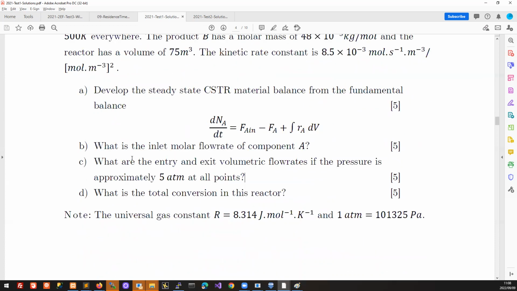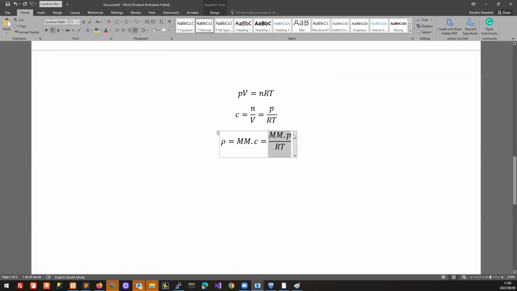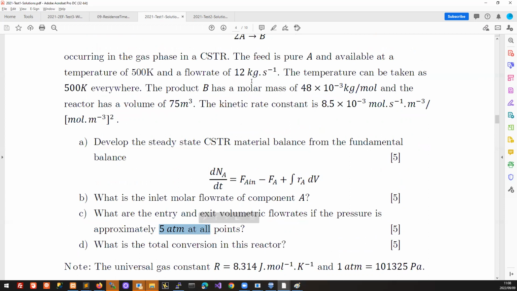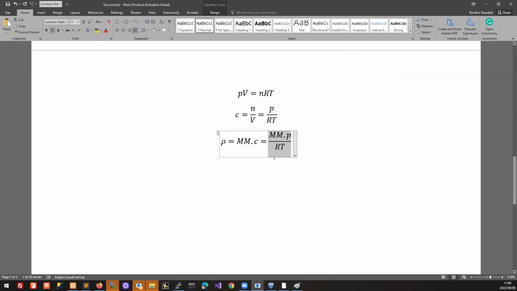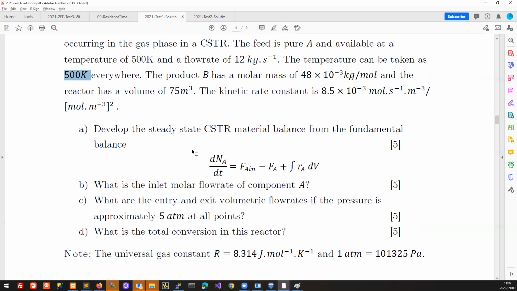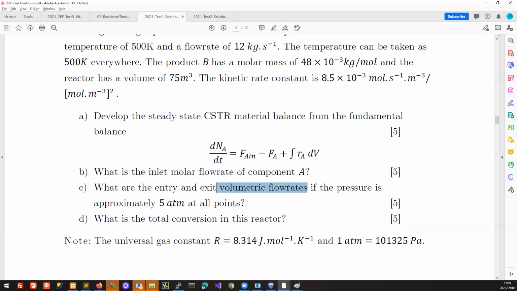Oh, it says here the pressure is 5 atmospheres at all points. Okay, so we have the pressure and the temperature, which is 500 Kelvin. Then that gives us the density. And so we can take the mass flow rate and divide it by the density, and that will give us the volumetric flow rate. So that's what we can do for the entry flow.